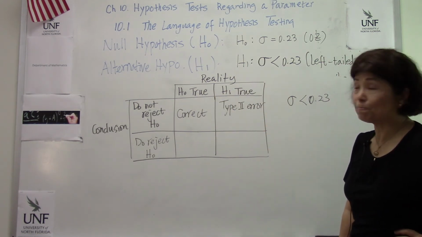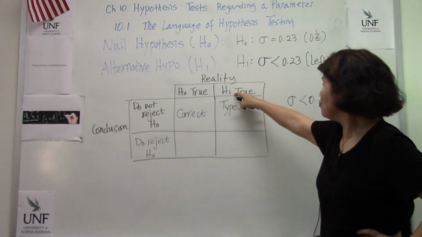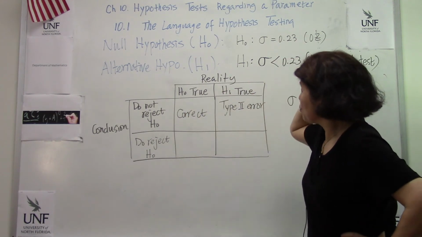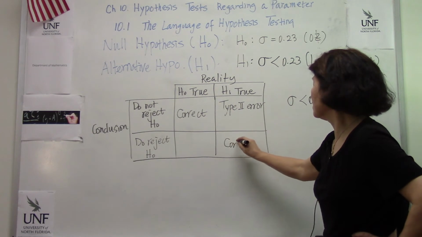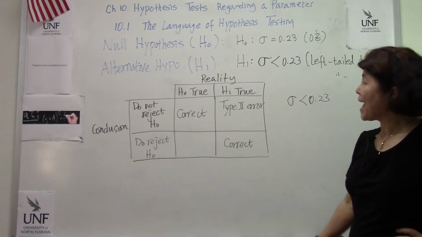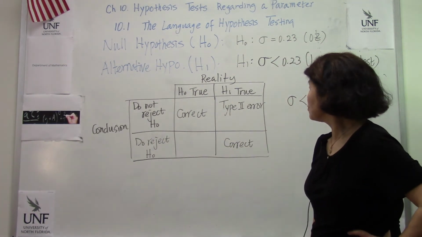You know what I mean? Okay? And over here H1 is true, and in that case we rejected H naught. Then we did the right thing, so that is a correct conclusion. And this case is that H naught is true.